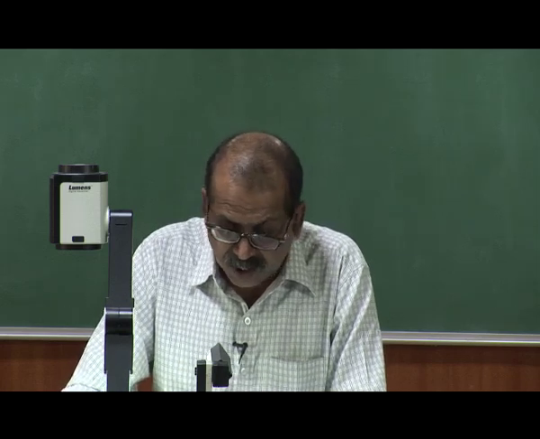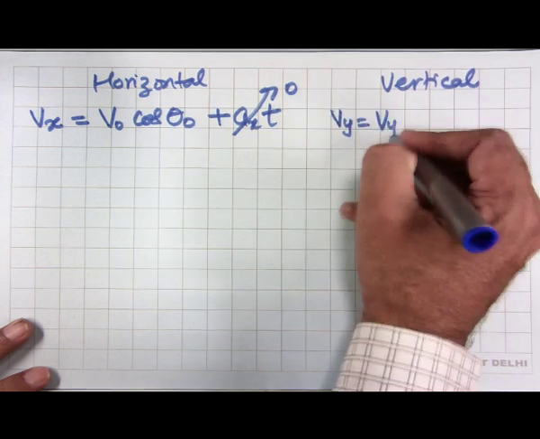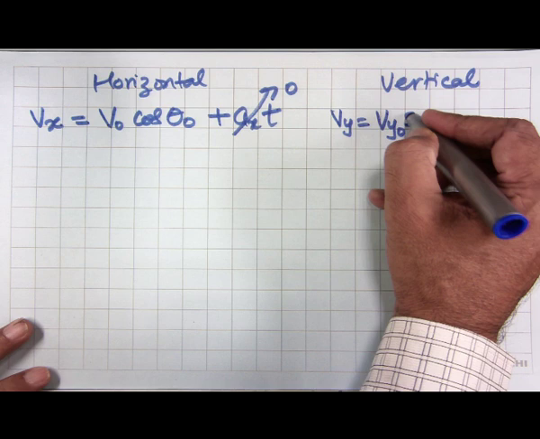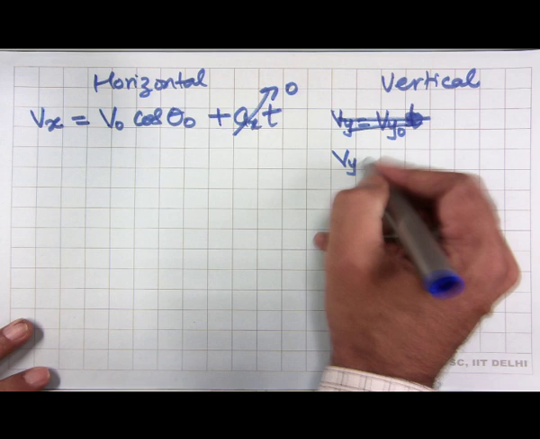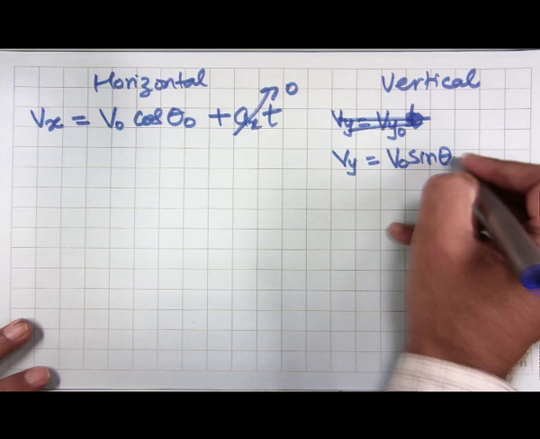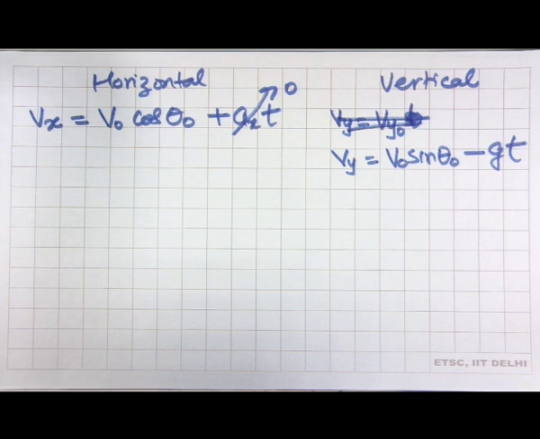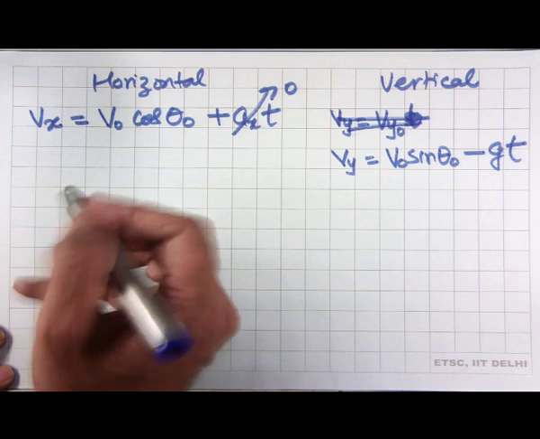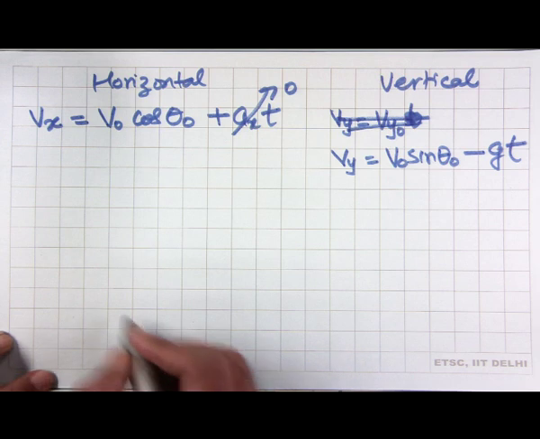For the vertical component of velocity, Vy is equal to V0 sin theta 0 minus g times t, because g is the acceleration in the y direction.